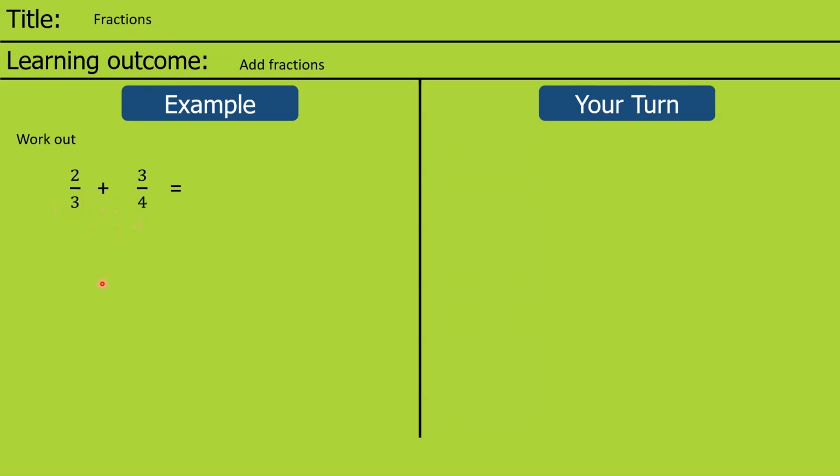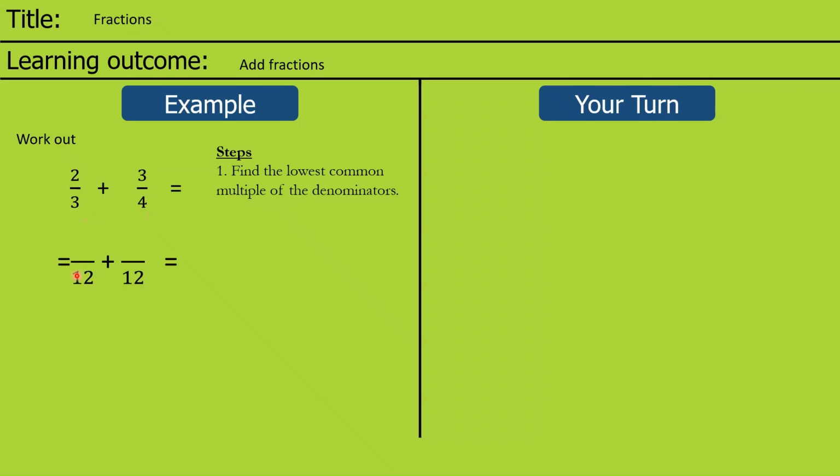Therefore, we need an equivalent fraction with common denominator. So again, you need a number that is in your 4 times and your 3 times table. And this is called the lowest common multiple of 3 and 4. Same number in your 4 and 3 times table.